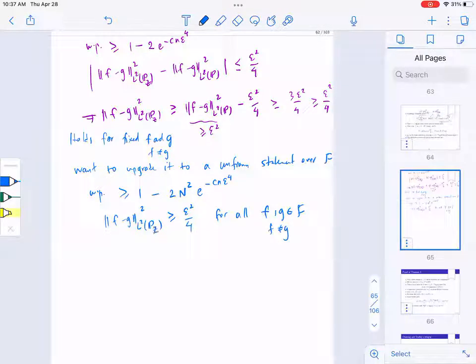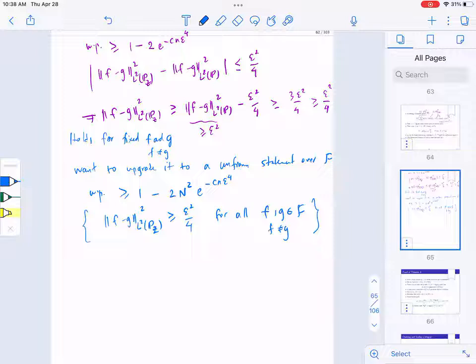So this is the event that I care about, right? Over this event, all the pairs of functions from this are epsilon over 2 separated in this norm. The only thing that I want to make sure is that this probability is positive. If I can show this event has positive probability, it means that there exists a realization of this.